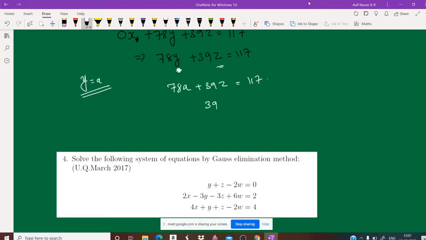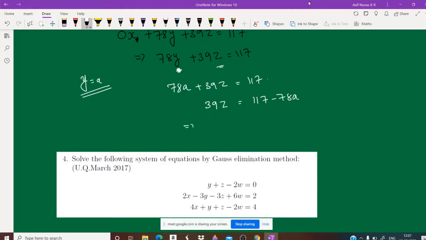Then what is 39z? 39z is equal to 117 minus 78a, right?